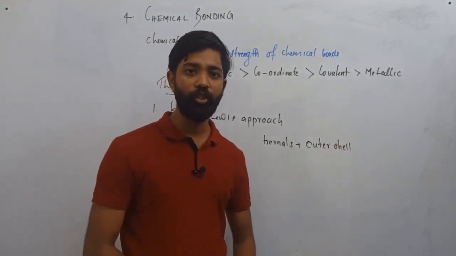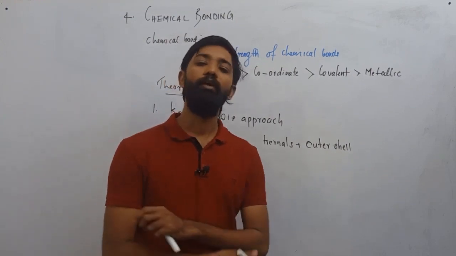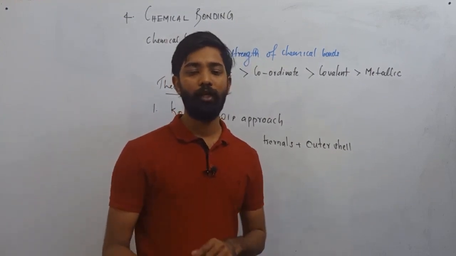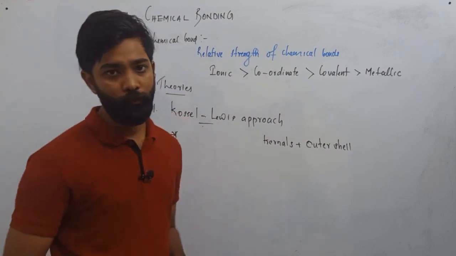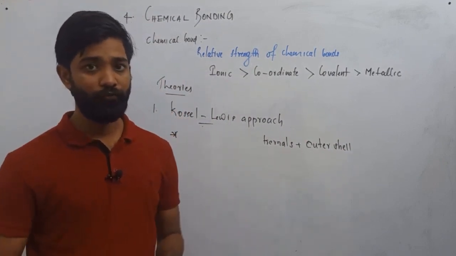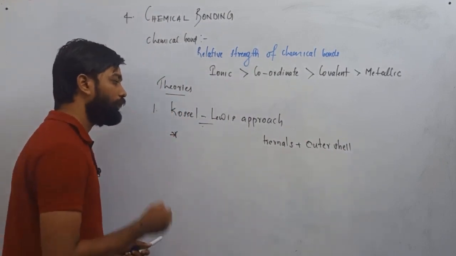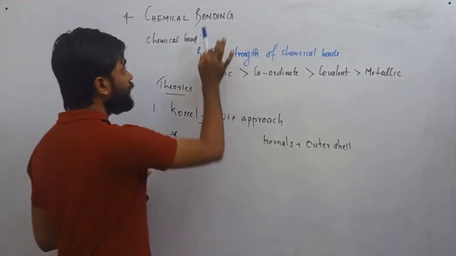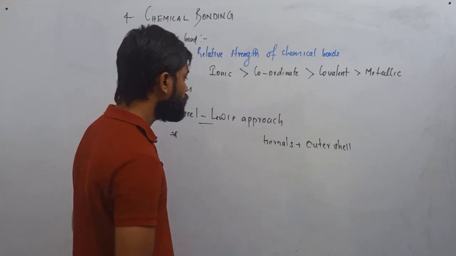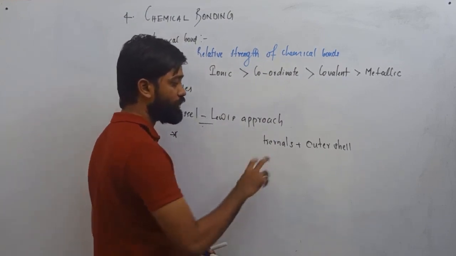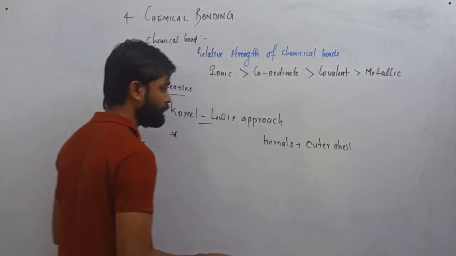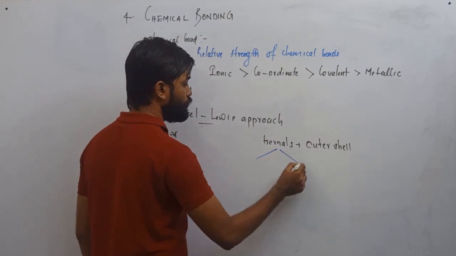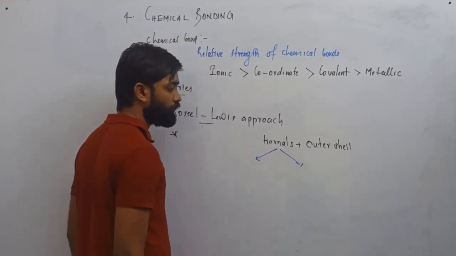We all know that this is chemical bonding, but the bonding of an atom depends on the valence electrons. So the outer shell, the valence shell, has a greater role compared to the total number of electrons. Valence electrons have a greater role in chemical bonding. So an atom is considered as two parts, that is kernels and outer shell.